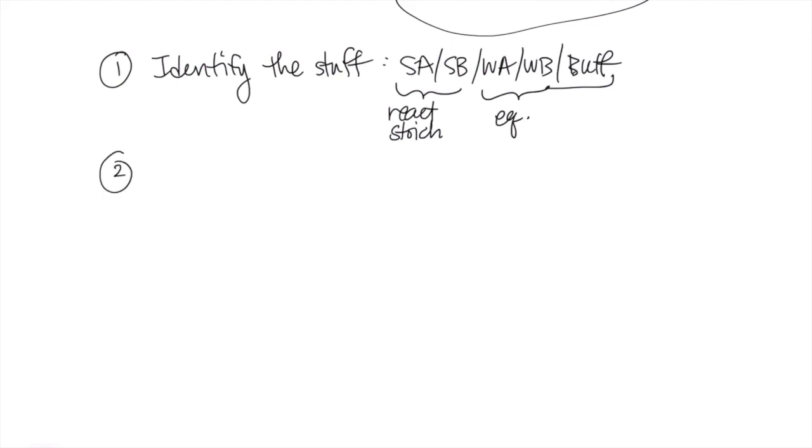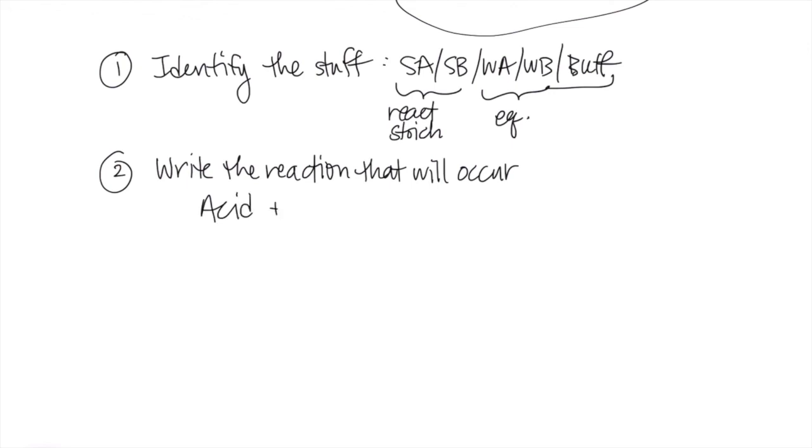Second thing, write the reaction that will occur. This is non-trivial, okay? So you've got to be able to identify it's going to be some acid reacting with some base. And then you've got to predict the products.